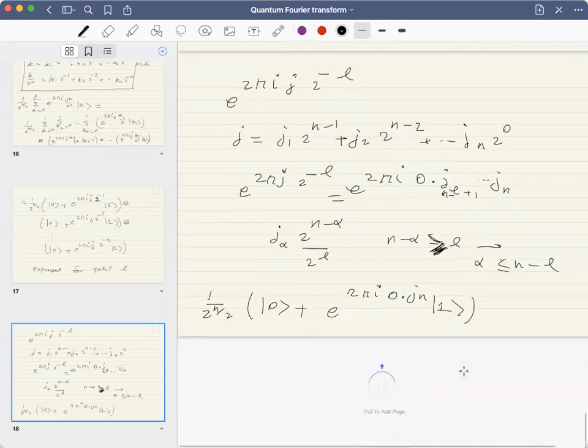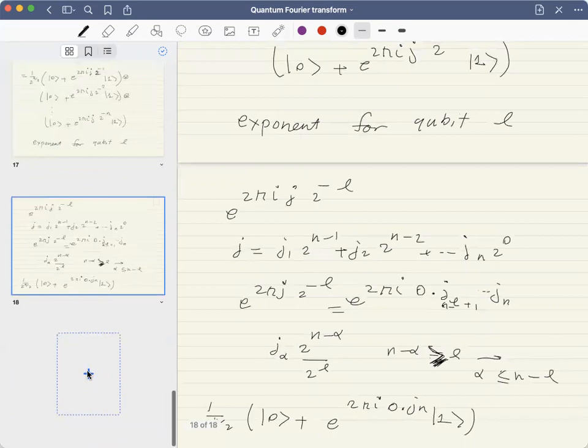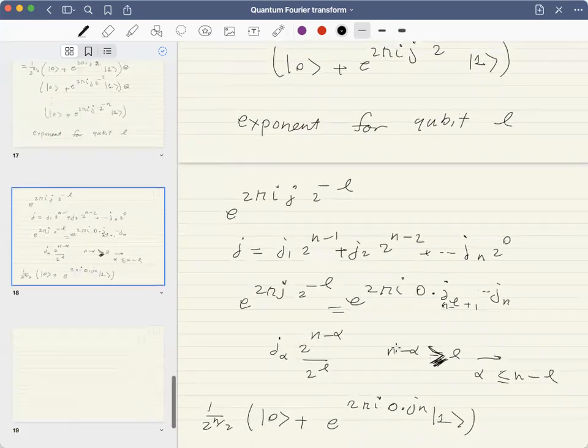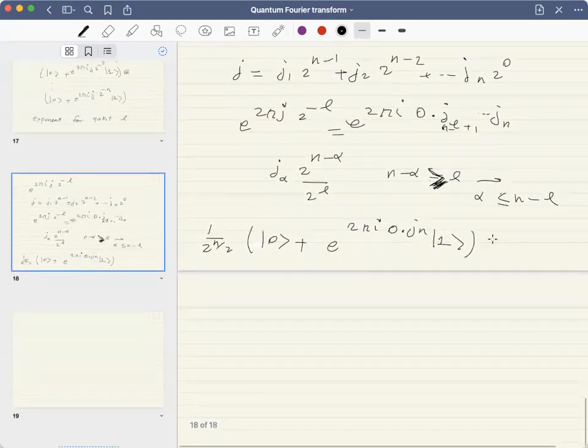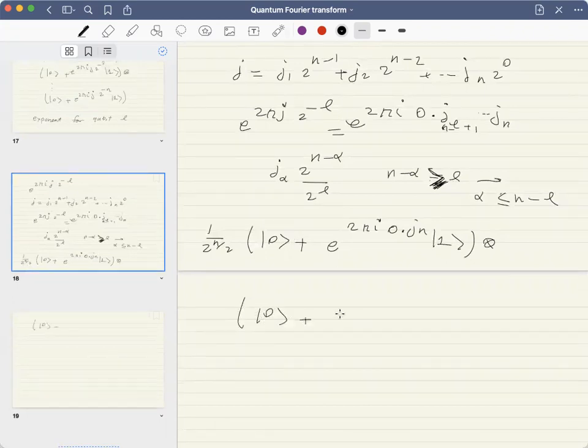And then when L is equal to 2, I get the next one, so that's tensored with n minus 1.